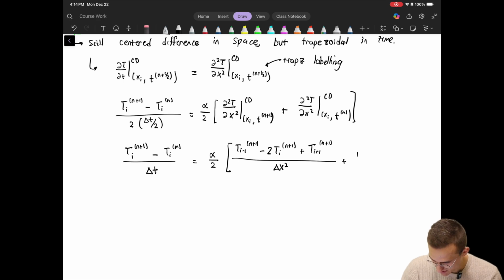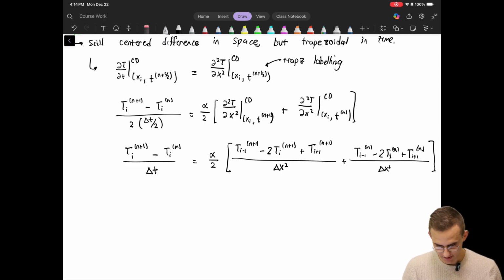So ti minus 1 at n minus 2 ti at time step n plus ti plus 1 at time step n, divided by delta x squared.